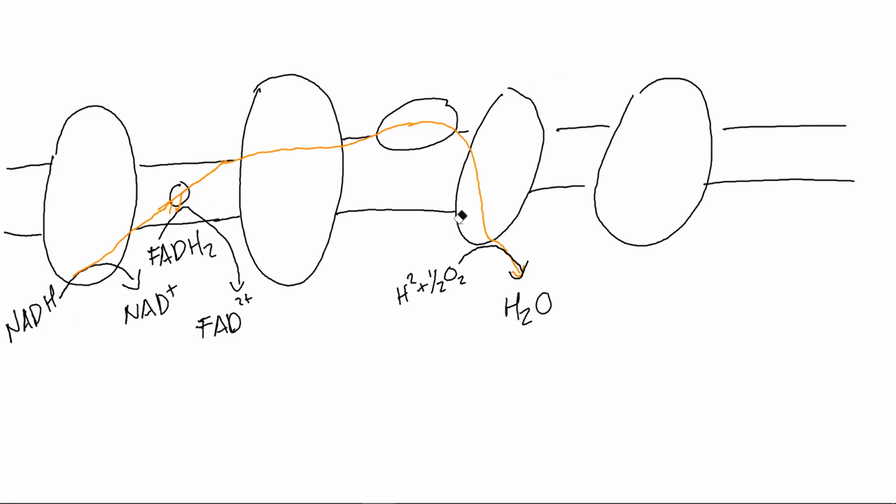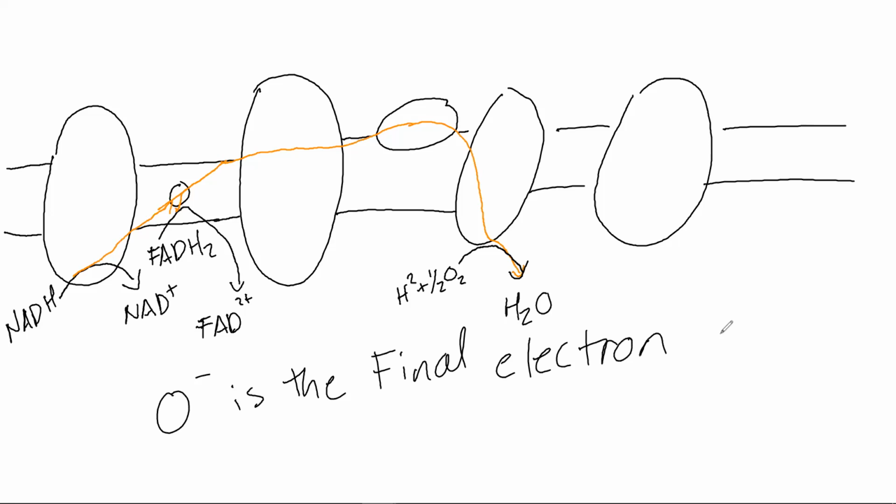H2 and an oxygen. Oxygen, write this down. Oxygen is the final acceptor for electrons. Let me write this down with you guys as well. Oxygen is the final electron acceptor.